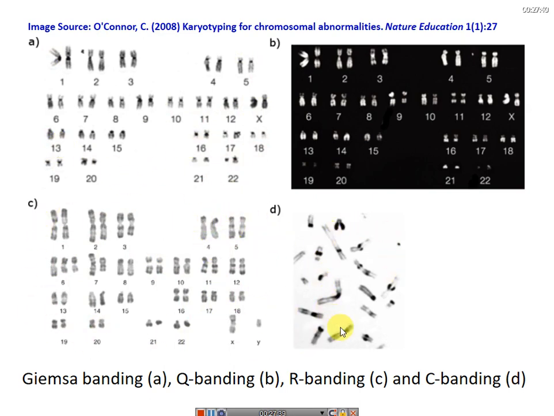And in C banding, you can study the centromeric region that is rich in heterochromatin, right? So this way, these banding patterns are very helpful for identification of any abnormality or malformation of the chromosomal regions, or different kinds of aneuploidies.